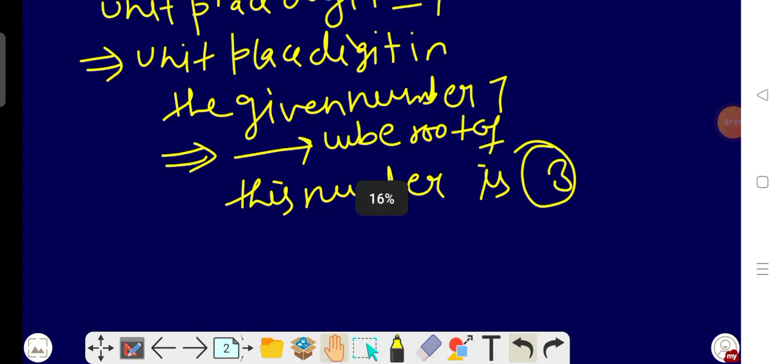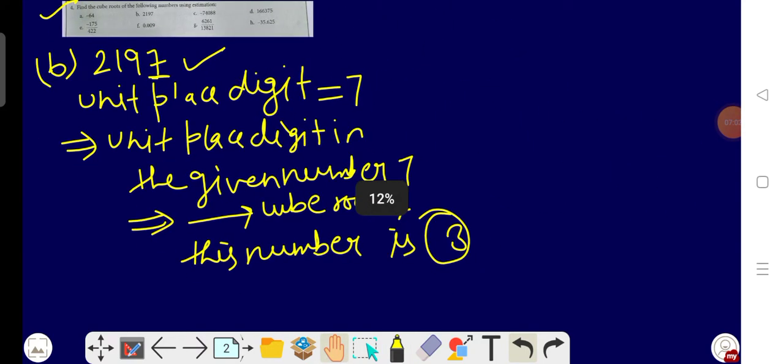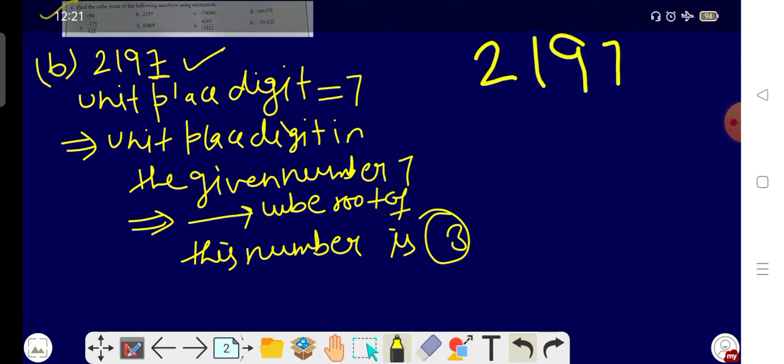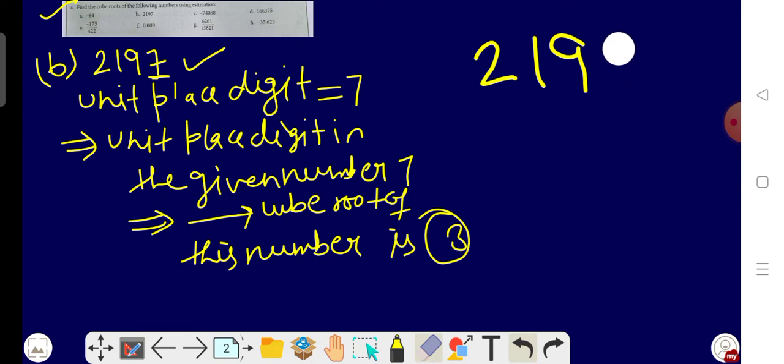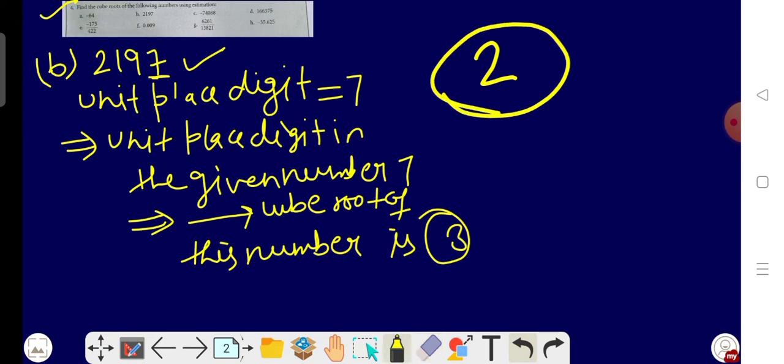After doing this, remove the last 3 digits of the given number. What are they? 7, 9 and 1. Then we have only 2.